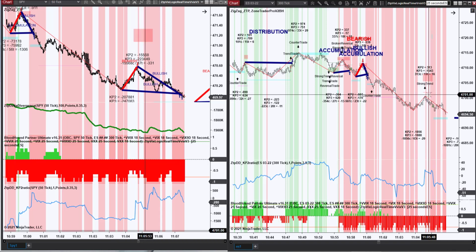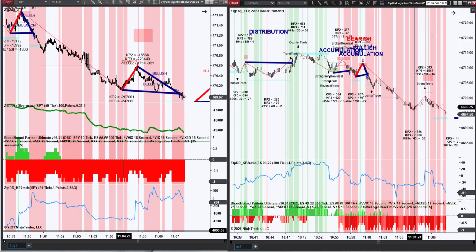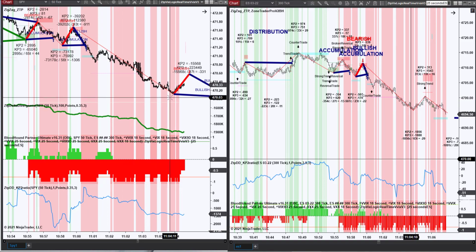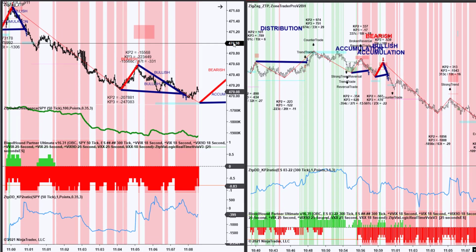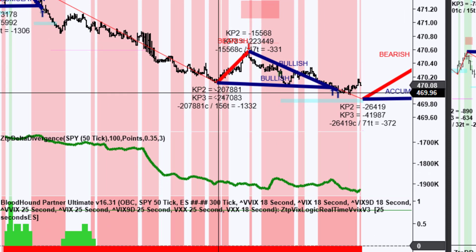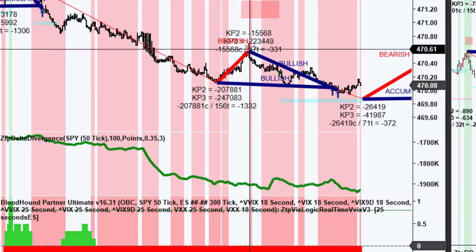See, what makes this strong trend different is that at this point on the low, the delta from the SPY was over negative 207,000 shares. And then as price traded back to the minor resistance, they were again short 15,500 shares.